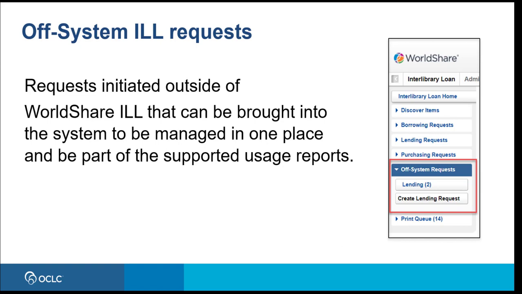Off-System ILL requests are those requests initiated outside of WorldShare ILL that you can bring into the system to take advantage of managing all your ILL requests in one place and making those requests part of the supported usage reports.